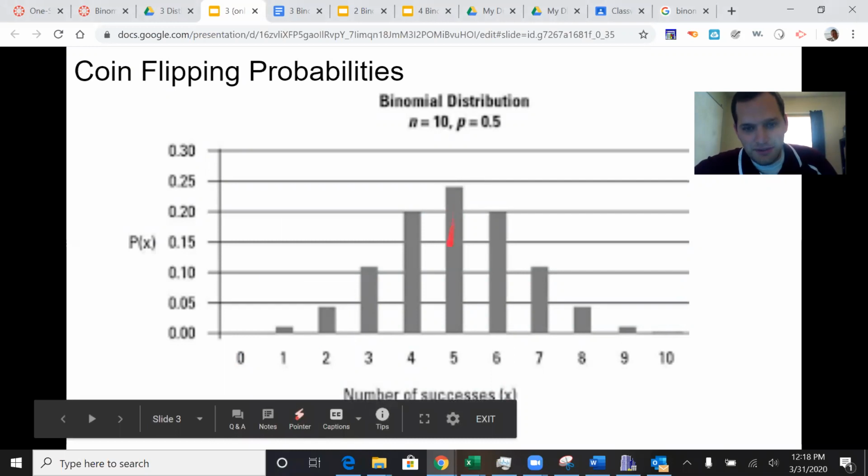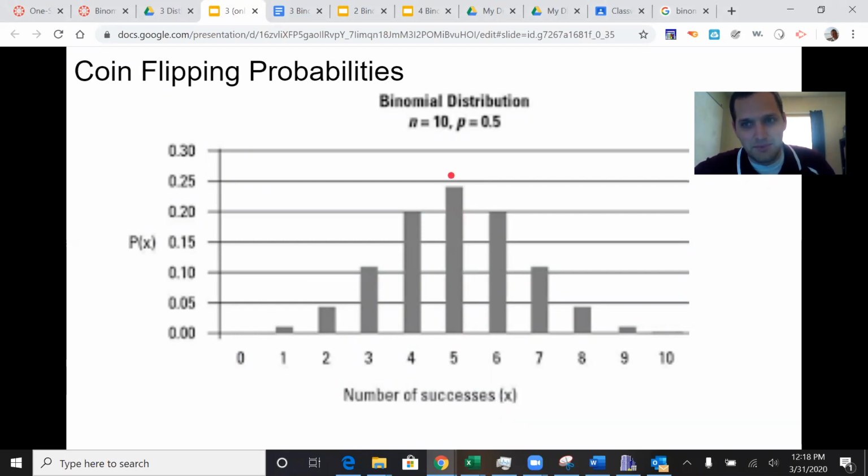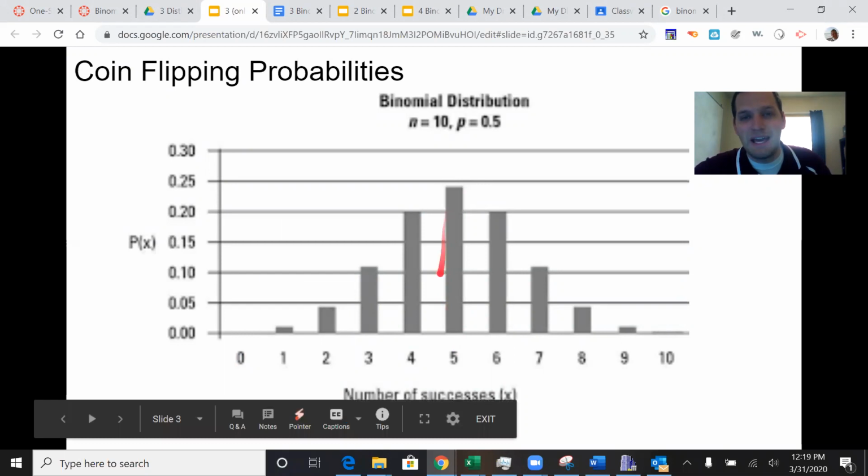So here is the PDF for 5. Okay, when you're in the binomial PDF for 5 successes, this is what the calculator is telling you. It's telling you the height of this bar on this histogram. If you're doing it for 3, if we want to know what's the probability of 3, the calculator is going to tell you how tall the bar is at 3 on the histogram. Okay, that's what it's telling you.